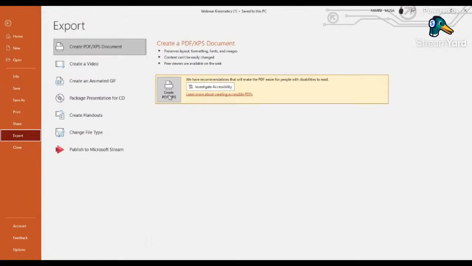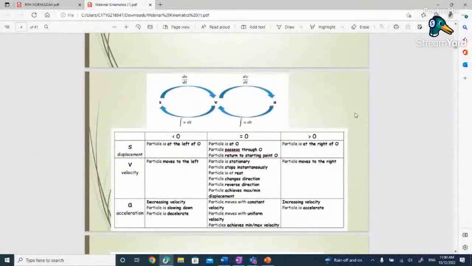Dah keluar belum? Dah publish belum? Dah publish. Tapi dekat screen tak nampak kan? Ya, okay. Keluar dulu daripada screen sharing yang ni. Kena share screen lagi sekali lah. Bukan share screen PowerPoint, share screen je. Okay, nampak? Yes. Okay, so let's see.